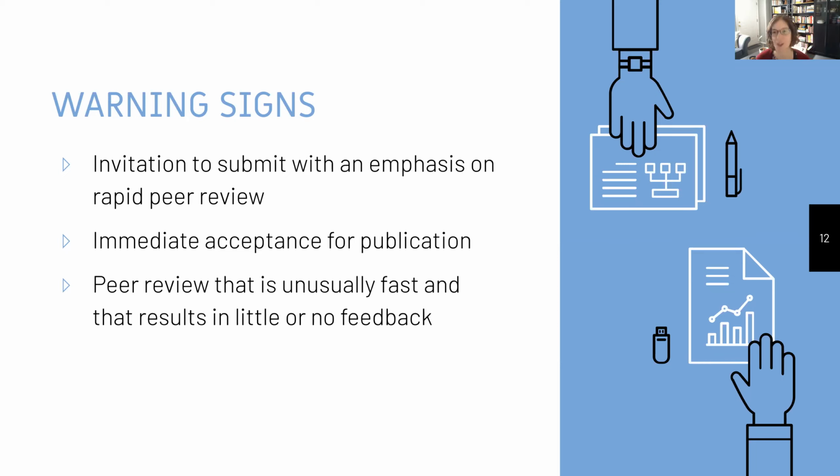But again, with the goals of verifying and improving, peer review can take some time, and very often is not going to result in little to no feedback being given to you. So these are definitely warning signs that either good quality peer review isn't happening or that no review is happening at all.